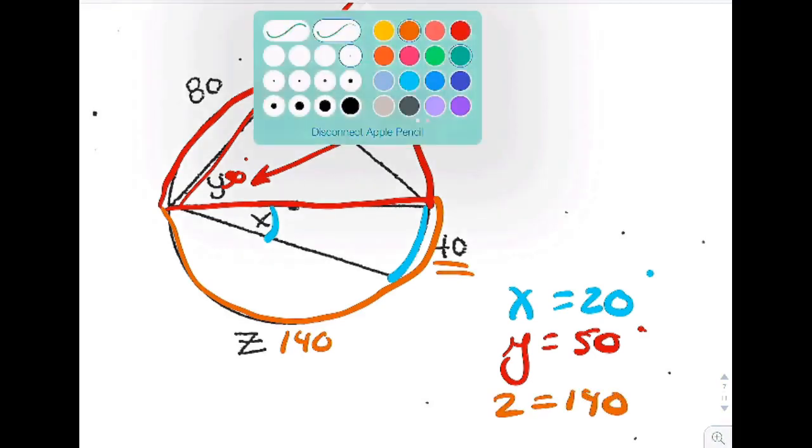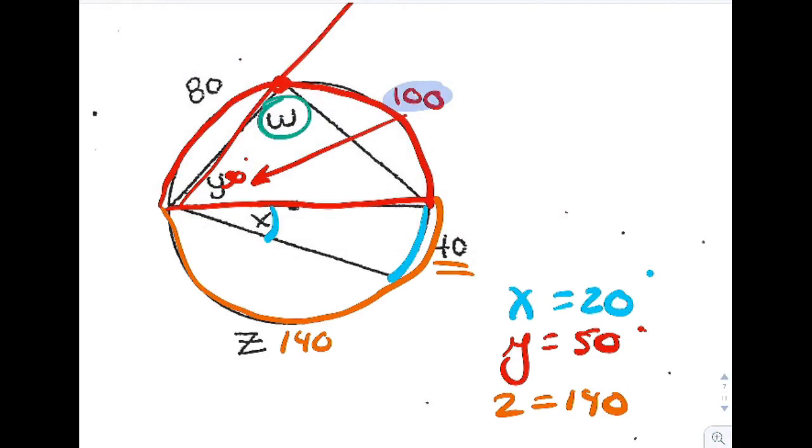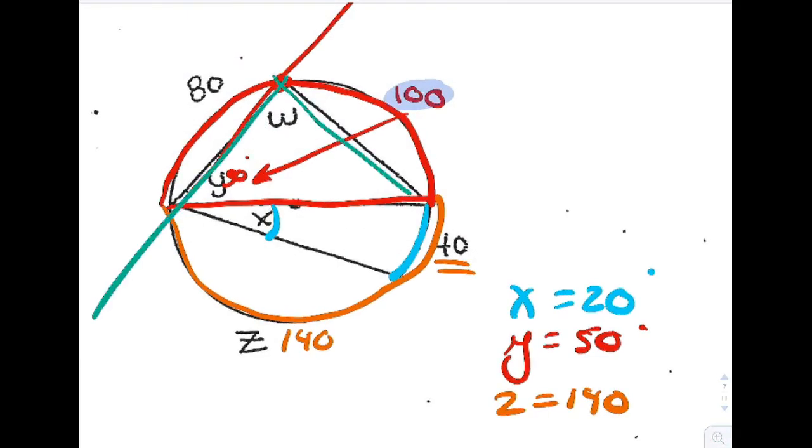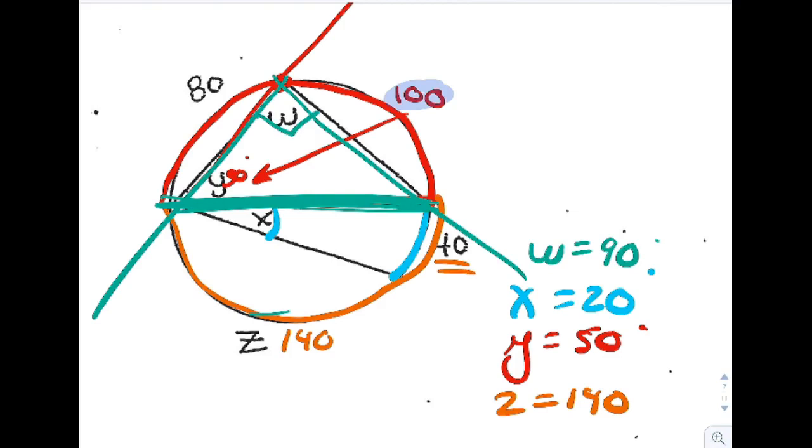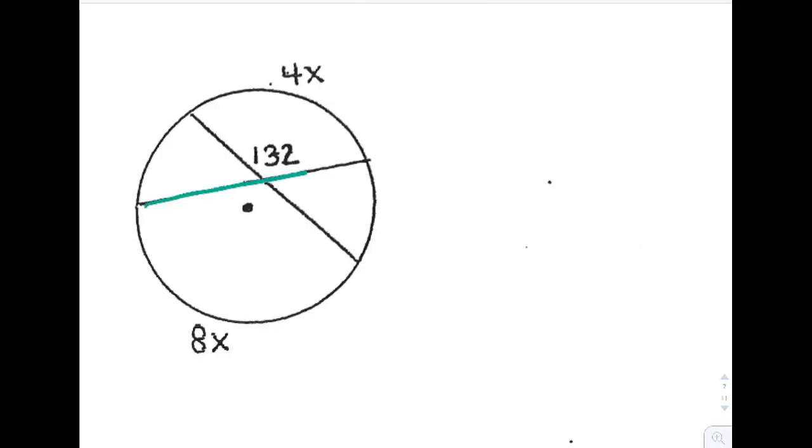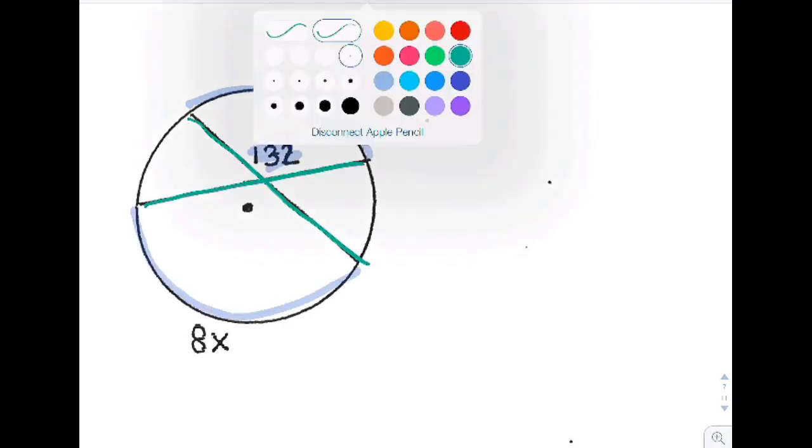And the last thing I have in this problem is w up here. And w opens up to the diameter, which is 180. So w is 90. Here's an average problem again because it's two chords. So I have the average of this arc and this arc equals that angle.